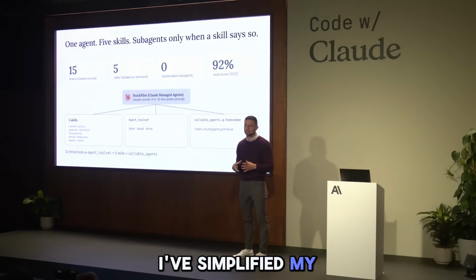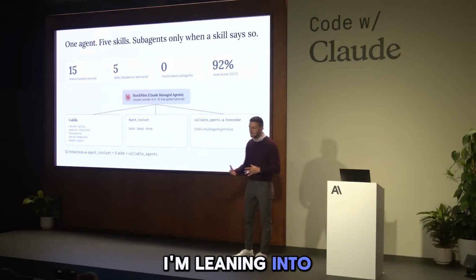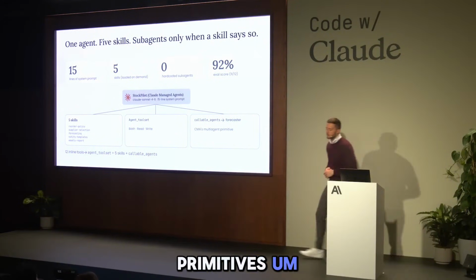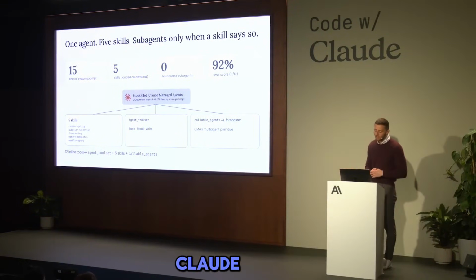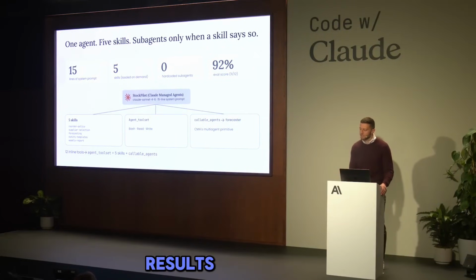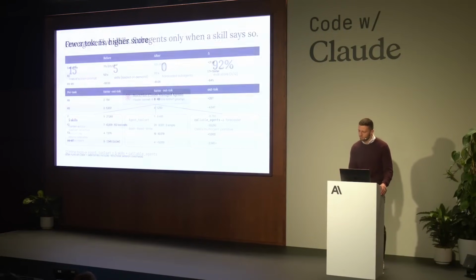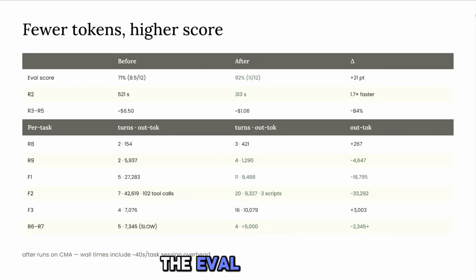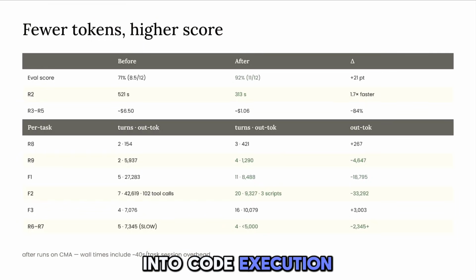I've simplified my design. I'm leaning into some of the primitives that make Claude great, and I'm seeing the positive results after doing so. Again, you see some of the eval results here after running this. We're getting faster. We're using fewer tokens because we're leaning into code execution.